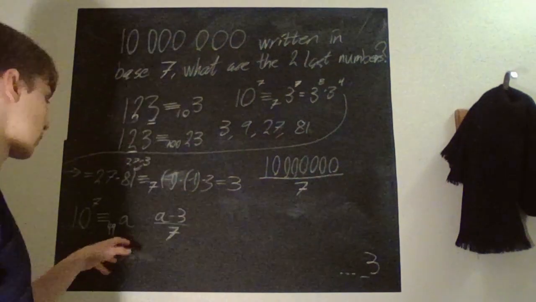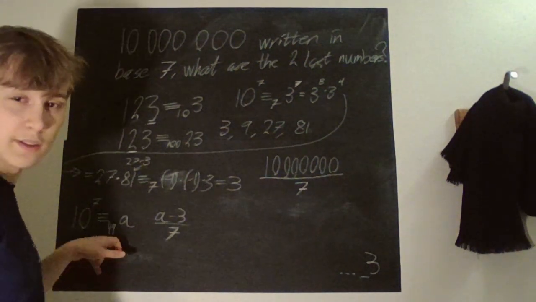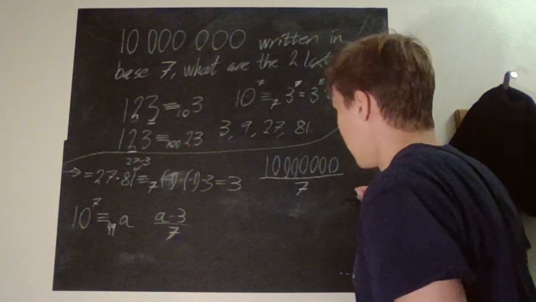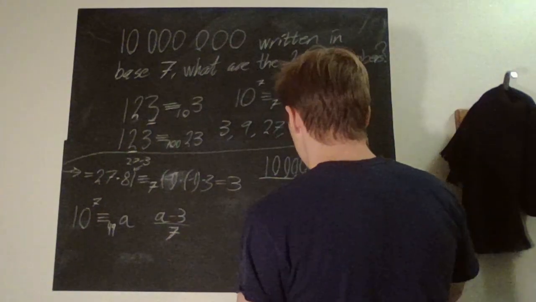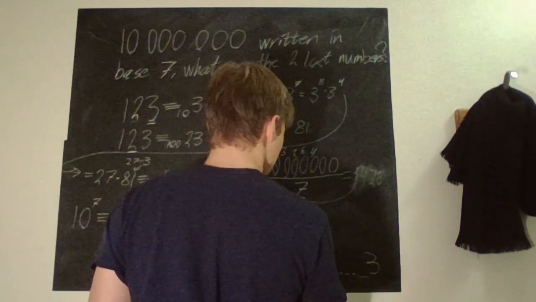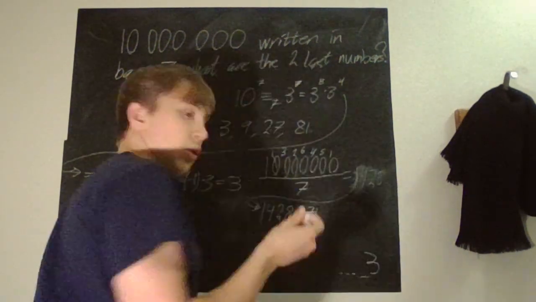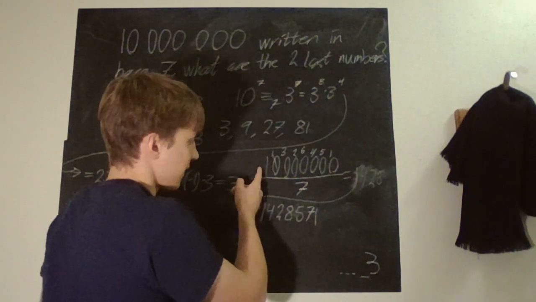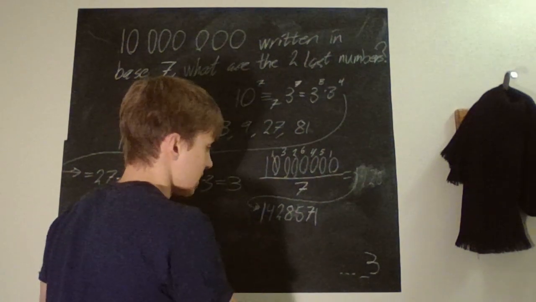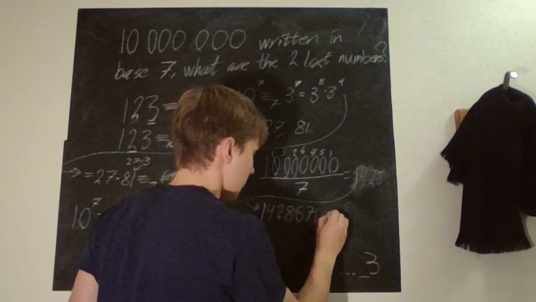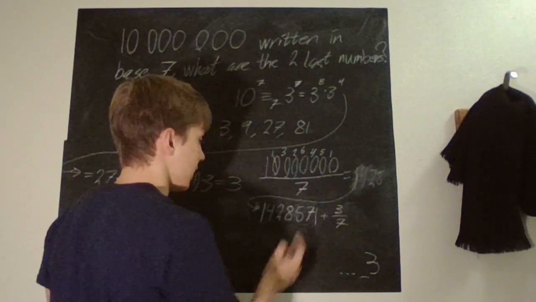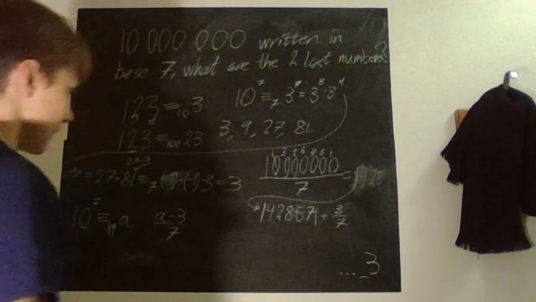We could just divide it by 49 and get the remainder directly, but this is easier and better looking, I think. So 10 million is equal to 7 times this plus 3, which we can write as plus 3 over 7. These two are equivalent.